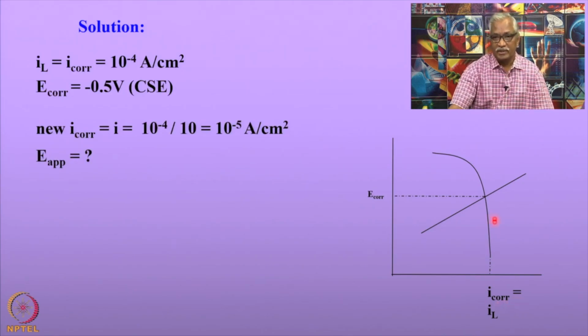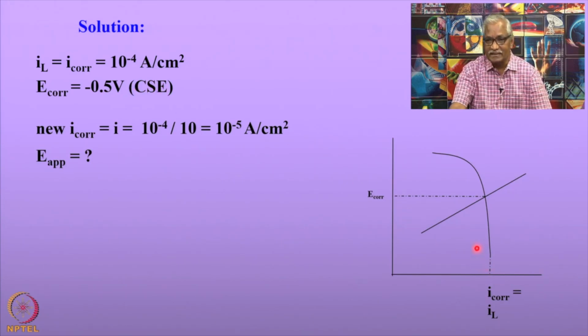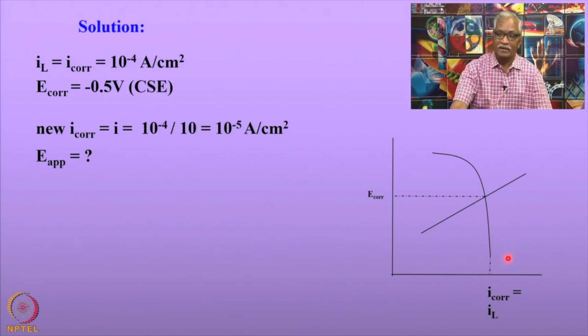In this case I car, the corrosion current density equals the limiting current density. Now, if you look at this diagram, the E car corresponds to minus 0.5 volt with respect to copper saturated copper sulphate electrode, that is what is given here, and because it is limiting current density, the corrosion is diffusion control, the limiting current density equals the corrosion current density.